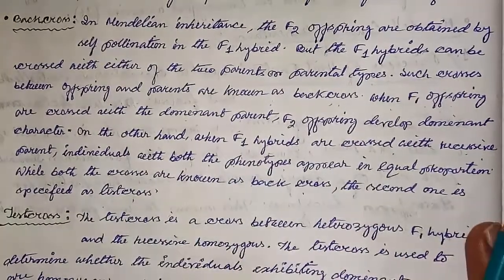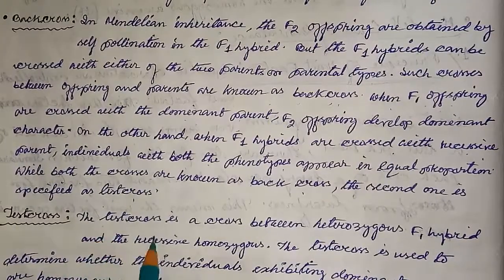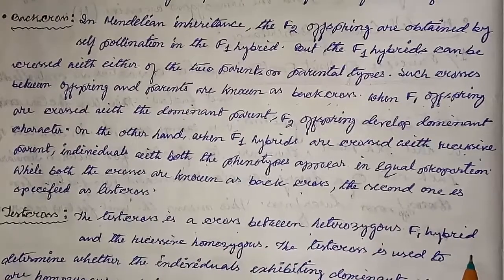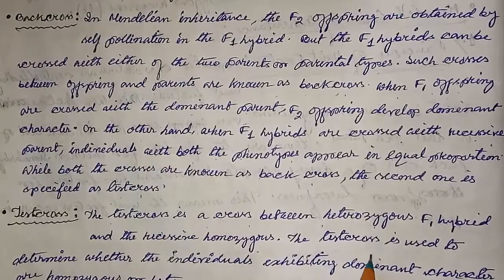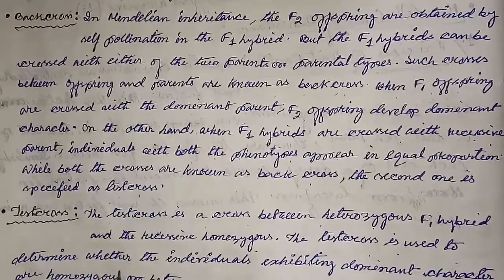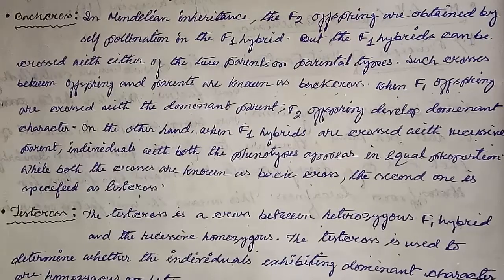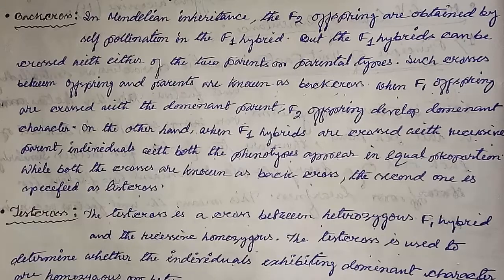Okay, so now test cross. The test cross is a cross between a heterozygous F1 hybrid and the recessive homozygous. The test cross is used to determine whether the individual exhibiting the dominant character is homozygous or heterozygous.